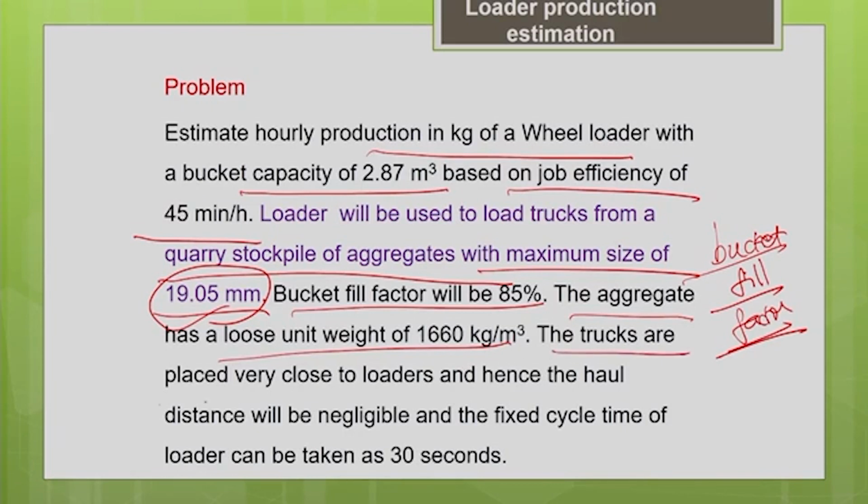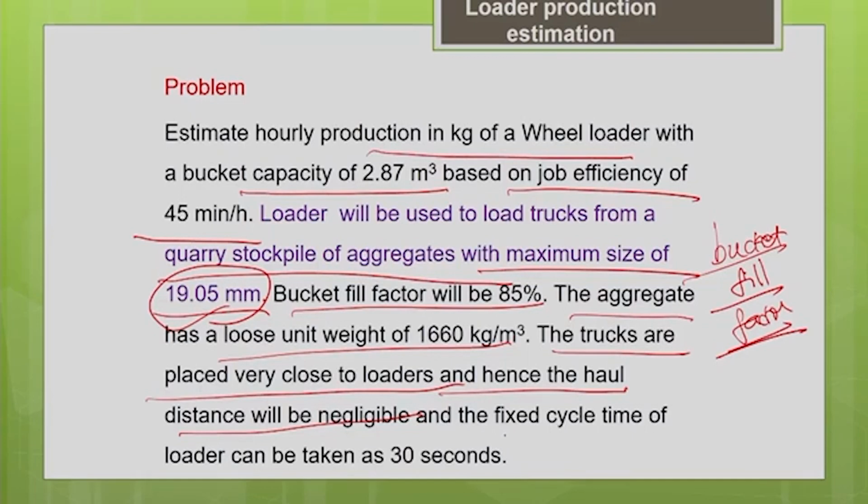The trucks are placed very close to the loader and hence the haul distance will be negligible. It is a very ideal condition, like the truck is placed very close, so the travel distance is negligible. So, you can directly take the fixed cycle time from the manufacturer, and the fixed cycle time is given to you in this problem as 30 seconds.